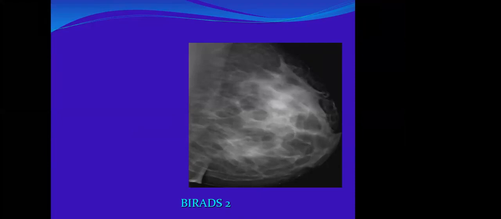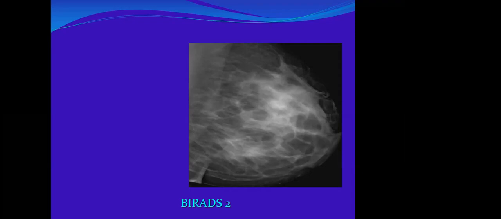Can you see an abnormality here? It looks like fibroglandular, fibrocystic breast or dense breast, something like that. Can you see an abnormality? Anyone see? Fat density lesion. There is a fat density lesion. But we are talking today about asymmetry.